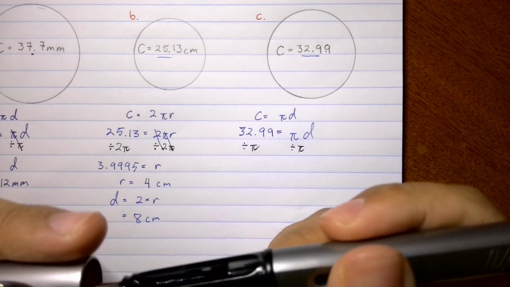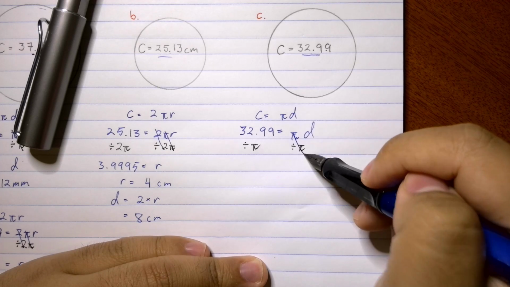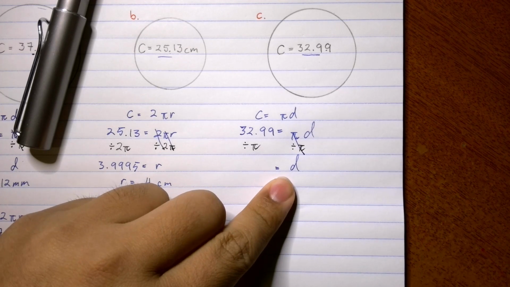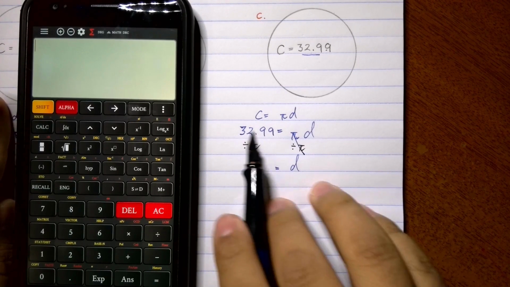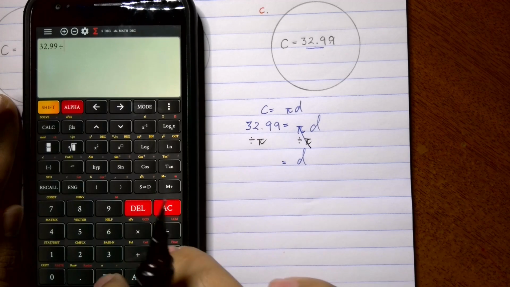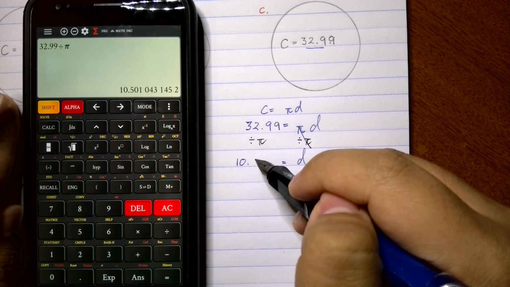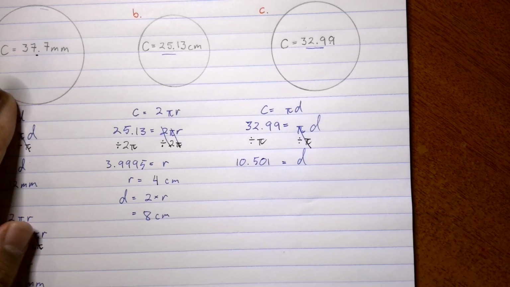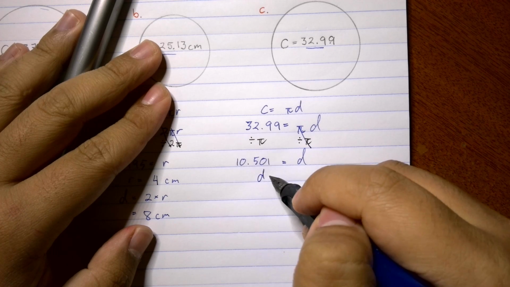That way we can eliminate the value of pi on the right hand side so that the diameter d is by itself, and we just use our calculator to solve this problem. 32.99 divided by pi gives us 10.501.